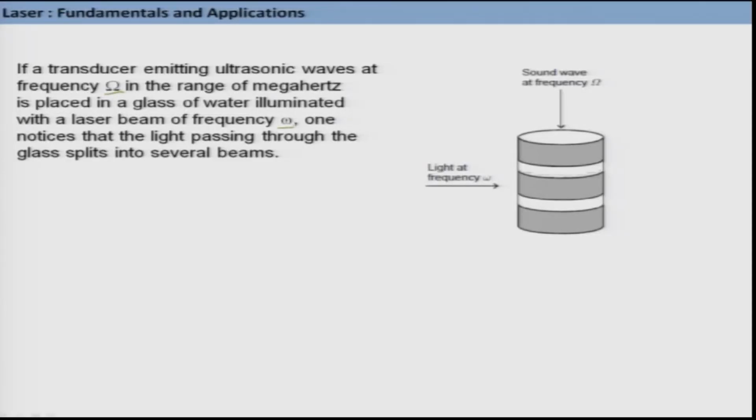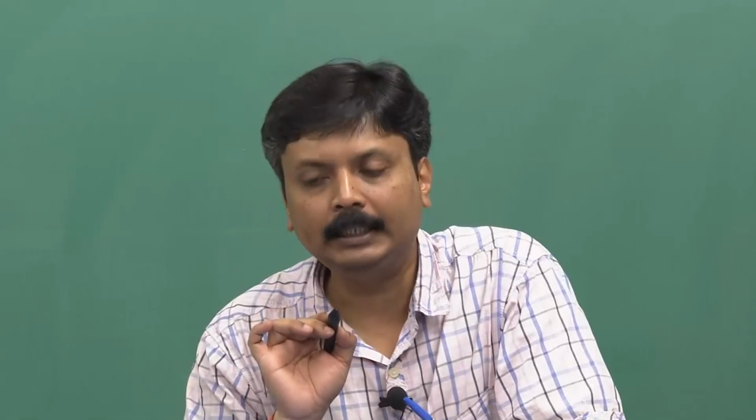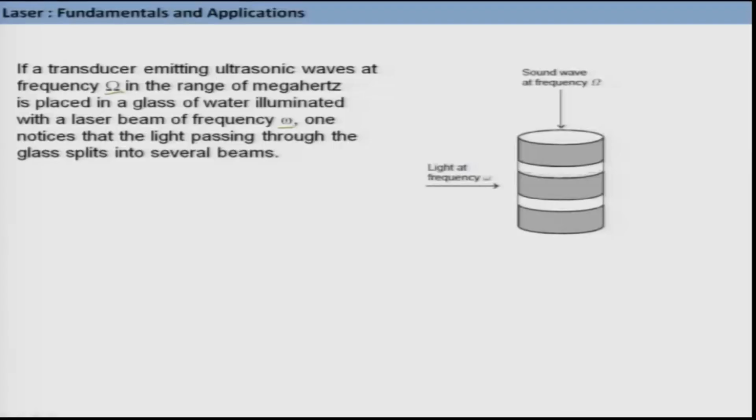Now if I do this experiment, what will I see? This whole experimental setup is shown here. You have a glass of water and the transducer is kept here, which is sending sound wave at frequency capital omega. So capital omega is the sound frequency, which is the modulating frequency, and our carrier frequency is the light frequency small omega. Now at this condition, what happens when I start sending the sound wave?